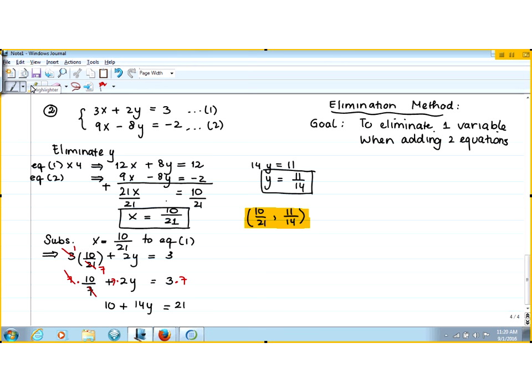steps here. So you know the goal. When you add, you have to eliminate a variable. So what do you do to eliminate the variable? Find the least common multiple of the coefficients of the variable we want to eliminate.